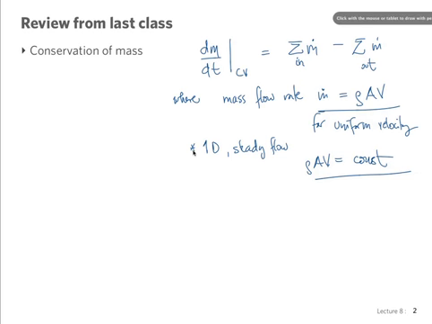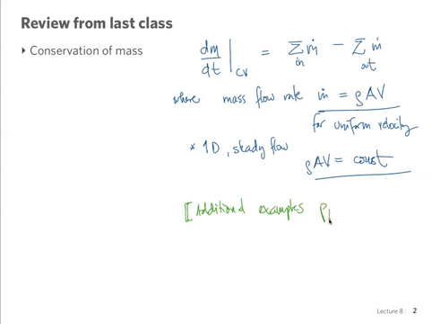So for those of you that have bought the textbook for this course, let me just note that you can look at additional examples there on pages 85 to 91 for steady flow, and pages 91 to 93 for transient flow.